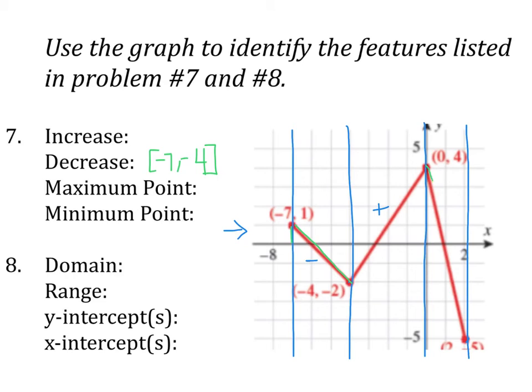We also have another decreasing interval right here from 0 to 4. So that's going to be a union, and then 0, 4 with brackets. All right, so those are the decreasing intervals, and then we have one increasing interval that we need to represent here, and that is between -4 and 0. -4, 0, and closed dots, so again, brackets.